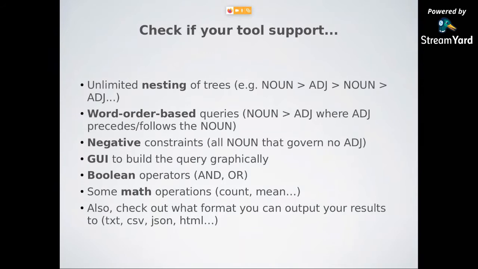If it supports negative queries, so all nouns that do not govern any adjective at all, if they have a graphical user interface that allows you to query graphically, if they support operators such as and or, so you can specify if you want more than one constraint or one constraint and not the other, etc. And then talking about the output, if they support mathematical operations on your output, so count the results, let you do some means, for example, on the output, and the kind of output that it gives.